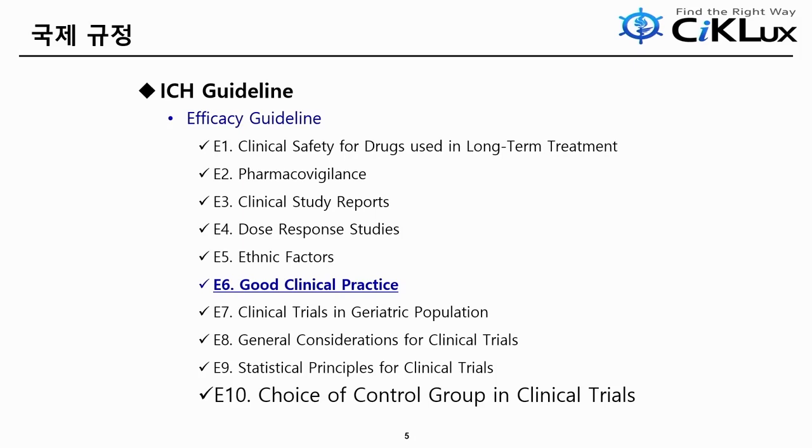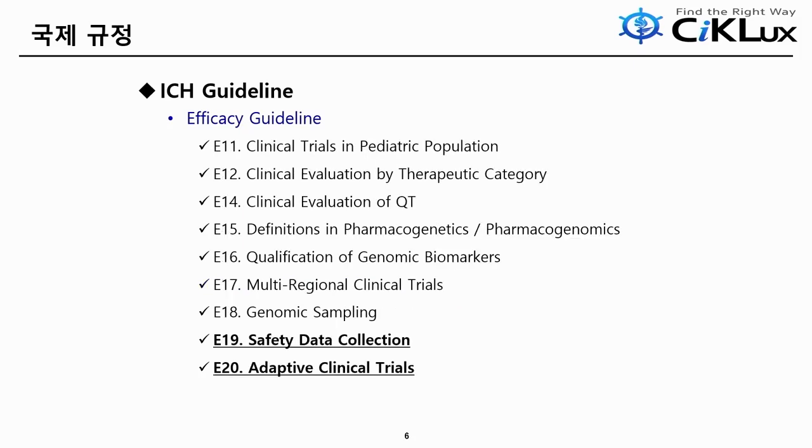So I think I need to study further to understand other guidelines under the efficacy umbrella. So not just focusing on the individual chapter, but the efficacy guideline is more about the general considerations for human subject clinical trials. It's not about just E6.